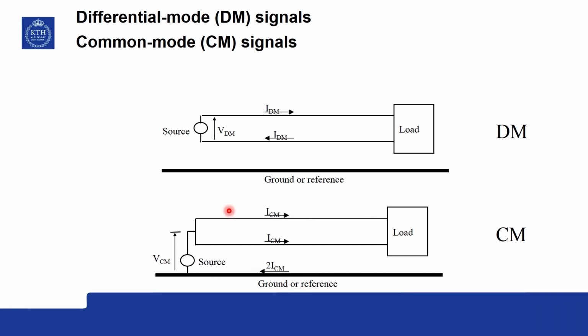So, if you just take this part of the circuit alone, what you experience is just currents in the same direction and same magnitude. So, this is called the common mode currents. This basic decomposition can be done; most of the lines will have both differential mode and common mode currents, even though common mode currents can be quite small.